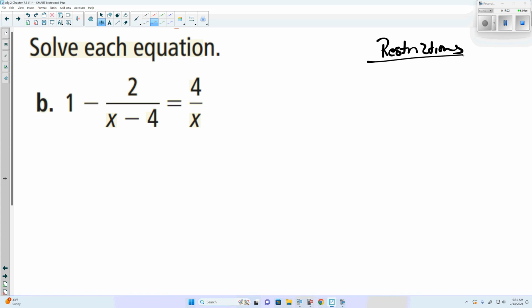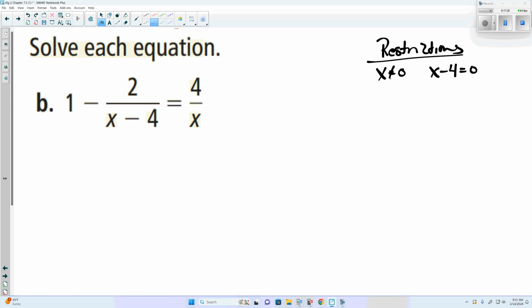So we have two places where the denominator could be 0. One of the places is x, the other is x minus 4. Because if either one of these is 0, the denominator will be 0. We can't have that. X equals 0, well, I've already got x by itself.